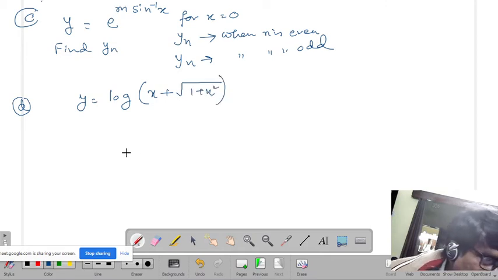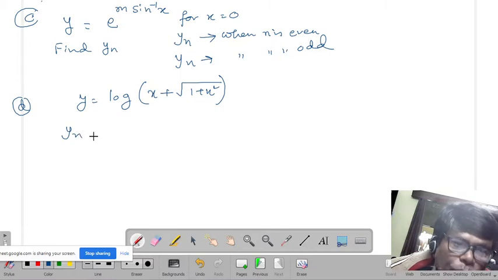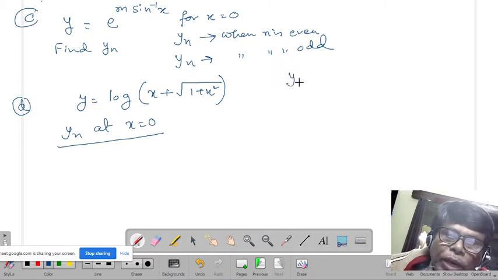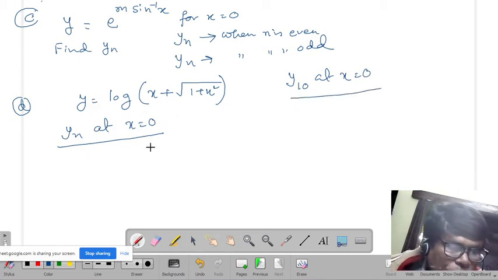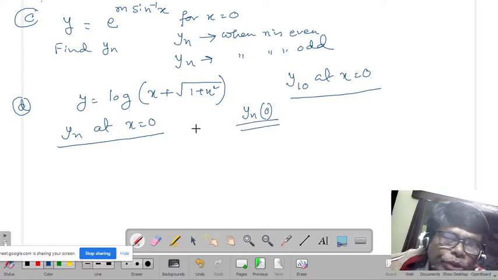What you have to find out is yn, particularly y10 at x equals to 0. This is a new type of sum, so you do it. But here you will not get yn at 0 directly.